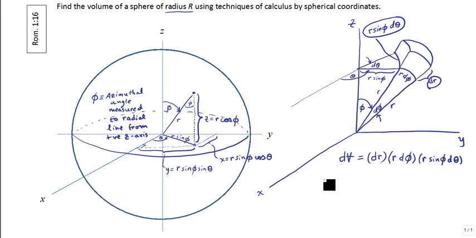So putting it in the order of r, phi, and theta, I could write that d volume is equal to r squared, from this r and that r being multiplied together, times sine of phi, times dr d phi d theta.